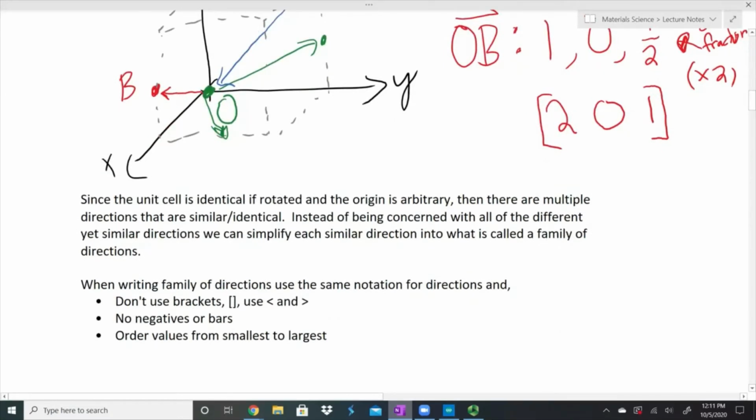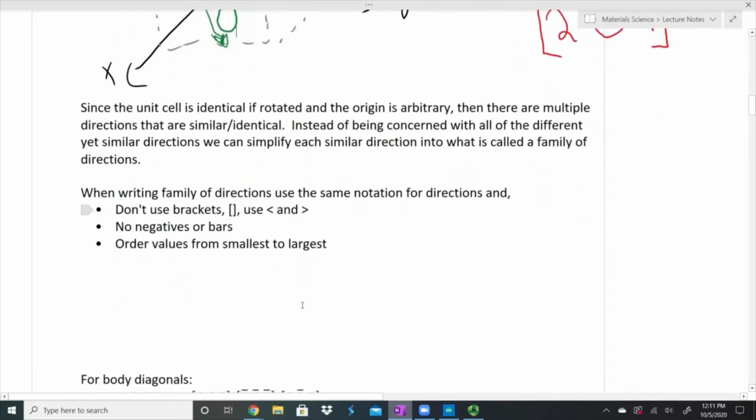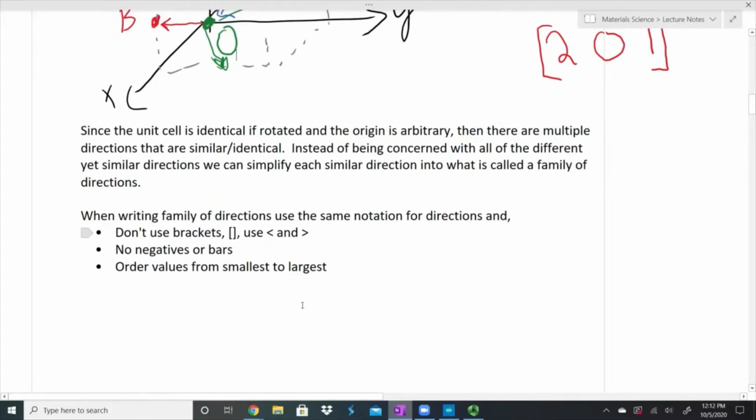To let people who look at this know that I'm talking about a family of directions instead of a very specific direction, I'm going to use these greater than or less than signs, these sideways carets, as my enclosures instead of the square brackets. And people tend to write these in order from smallest to largest, just to keep it neat and clean.